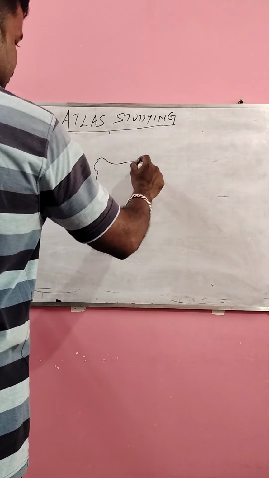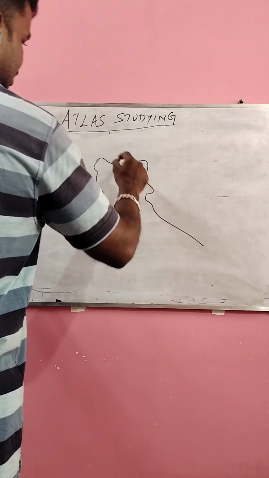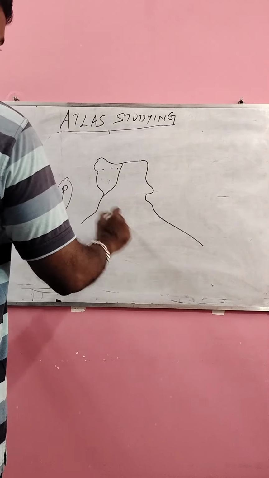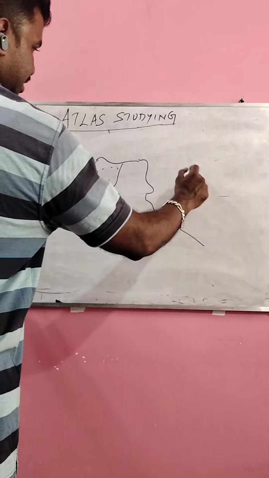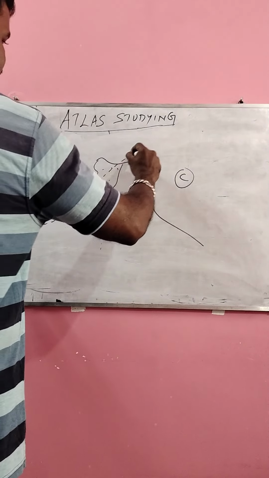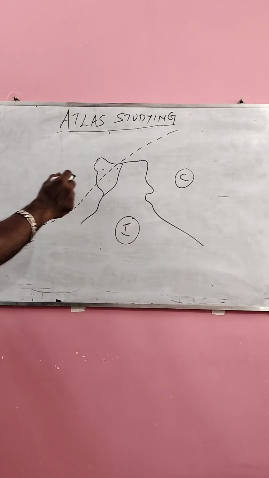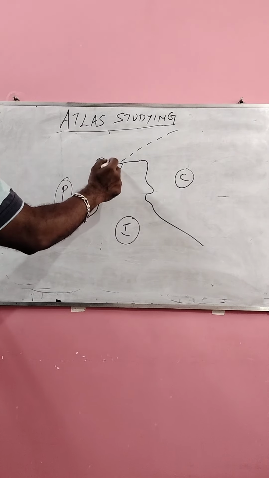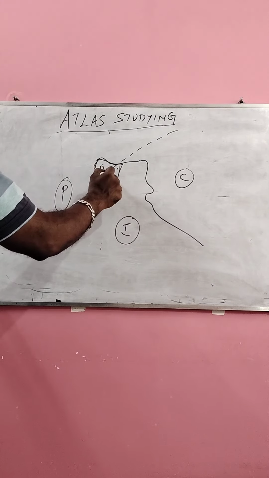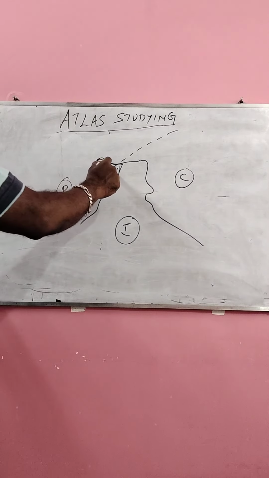CPEC corridor. India, Pakistan and China. This corridor is built by Pakistan and China, but it passes through India's own territory. This is called POK. It is illegally occupied by Pakistan.